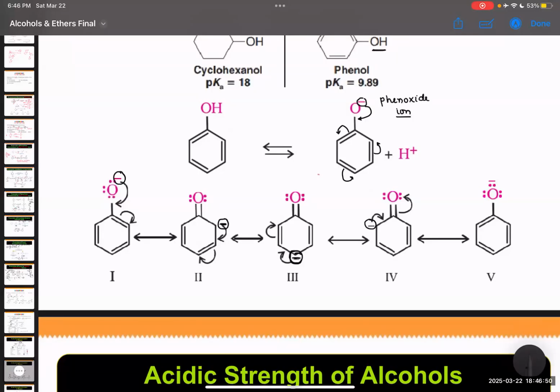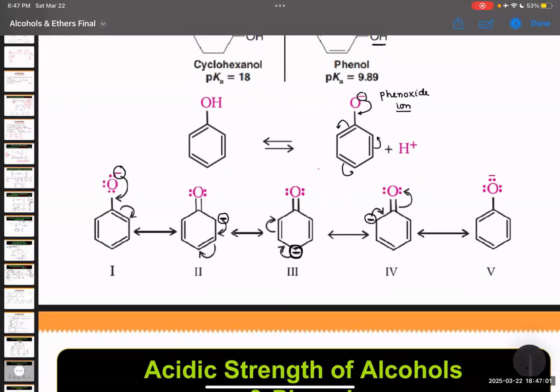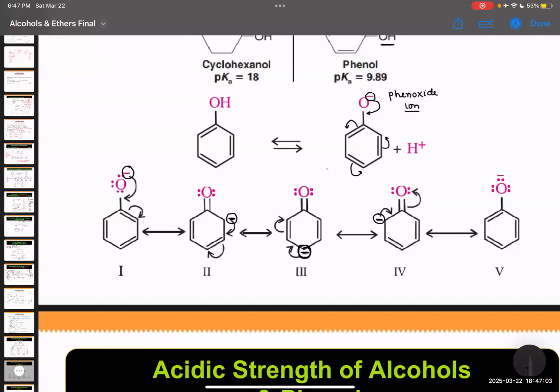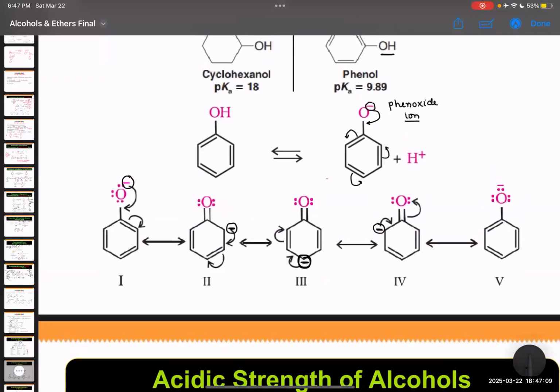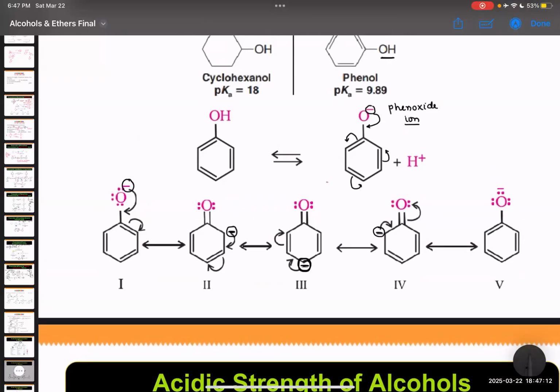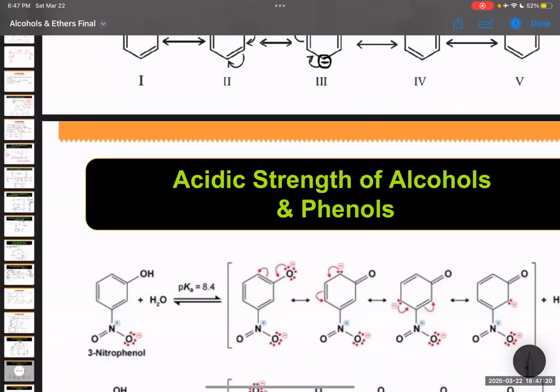You need to put the electron withdrawing group at ortho and para positions, because those are the positions from which the negative charge is passing. Also keep in mind that the negative charge passes through ortho and para positions. This is a very important point. This picture you need to keep always in mind.